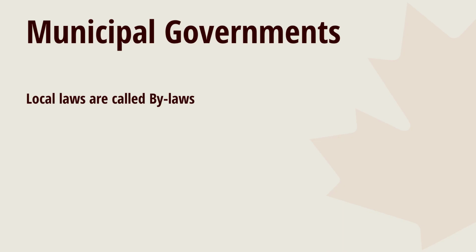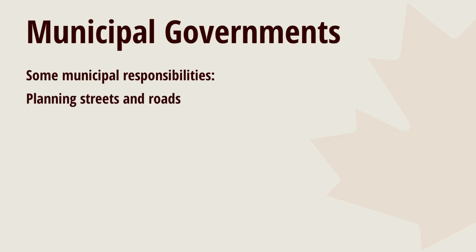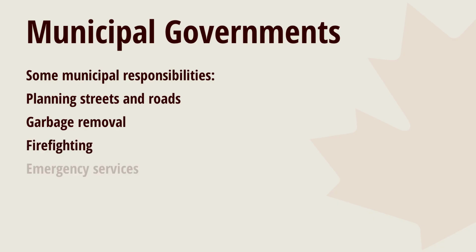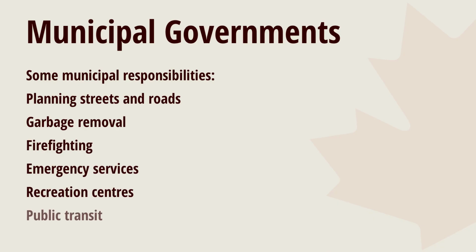Some responsibilities of municipal governments are planning streets and roads, garbage removal, firefighting, emergency services, recreation centers, public transit, and some local health and social services. Most big cities also have their own police forces.